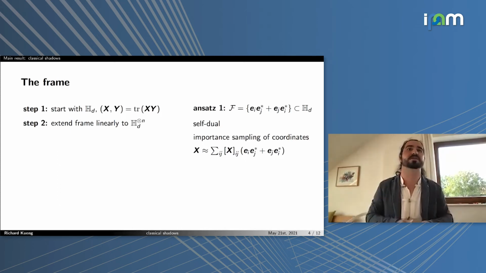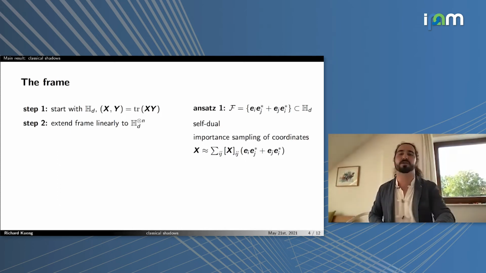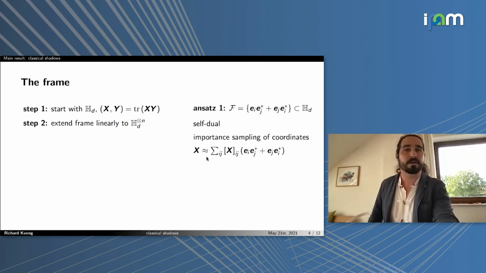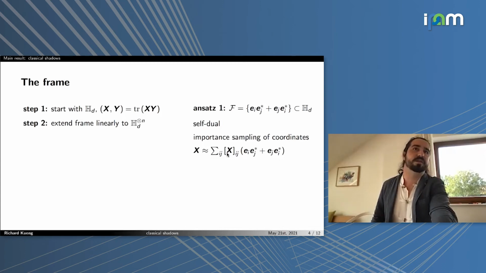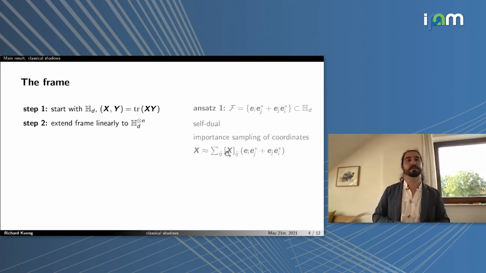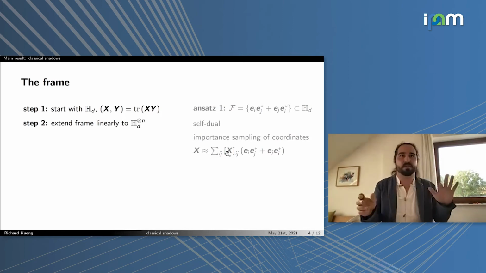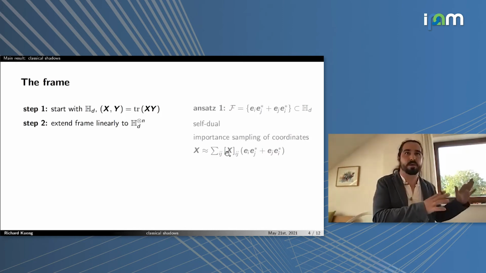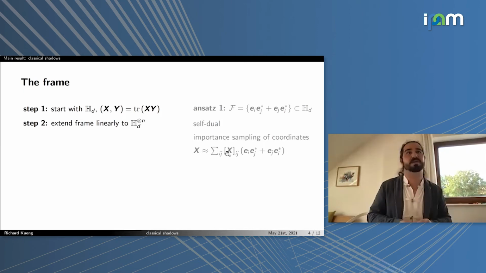You can quickly convince yourself that if we do Monte Carlo sampling according to this frame, then the probability of choosing the ijth element is proportional to the magnitude of the ijth matrix entry. Okay, and this is very similar to the one example I gave, where we said coordinate sampling, and this is not something I want to do.